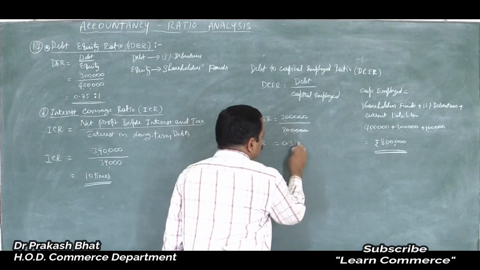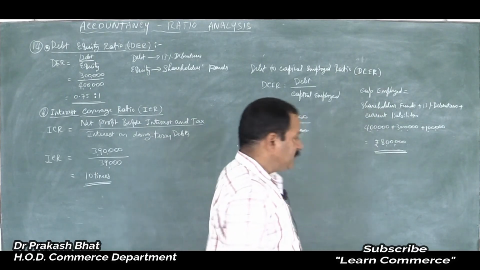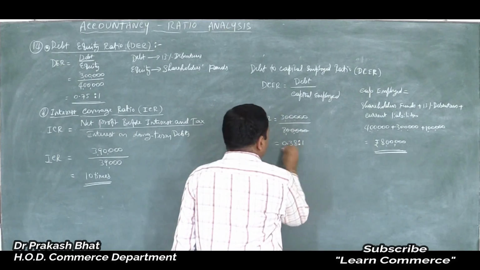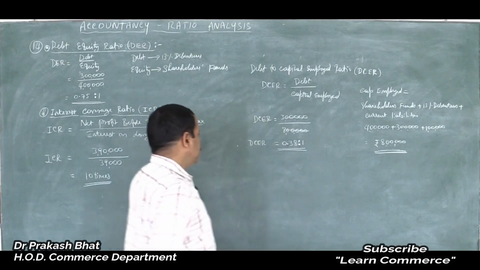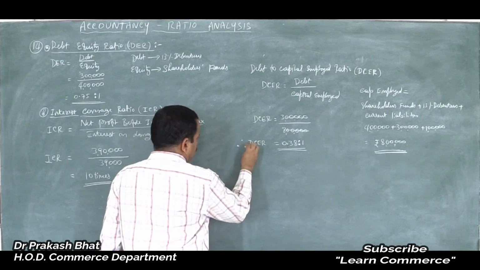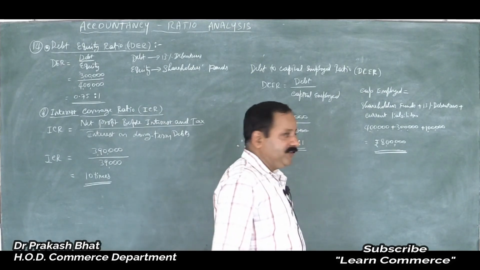Make it 0.38. Yes, 0.38 is to 1. Therefore, DCER or debt to capital employed ratio is equal to 0.38 is to 1.